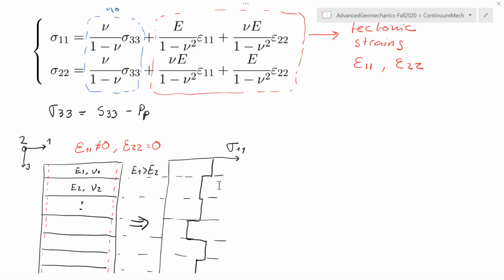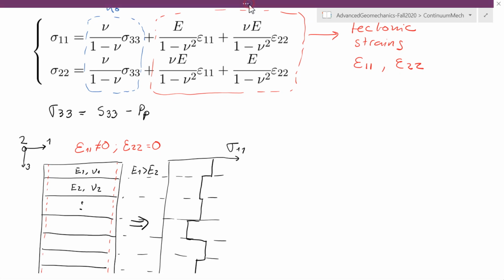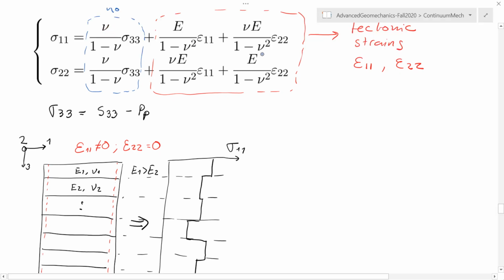And from this equation, what we can also notice is that we have combined Young modulus and Poisson ratio into a ratio that is called the plane strain Young modulus.